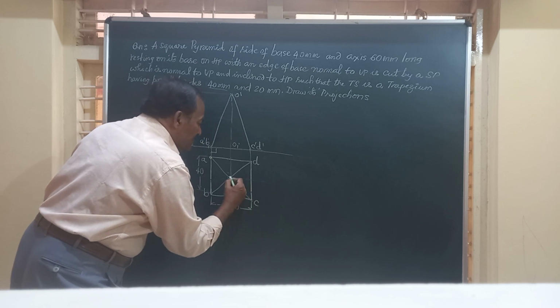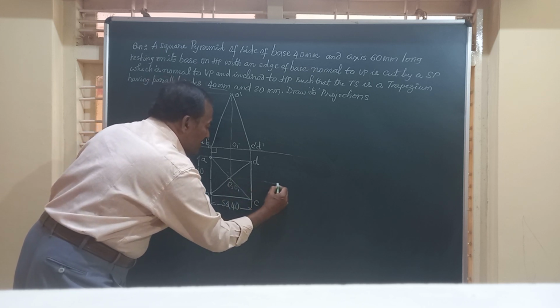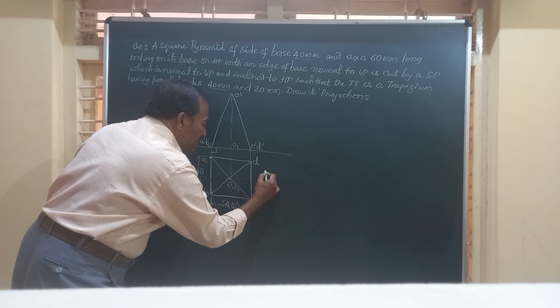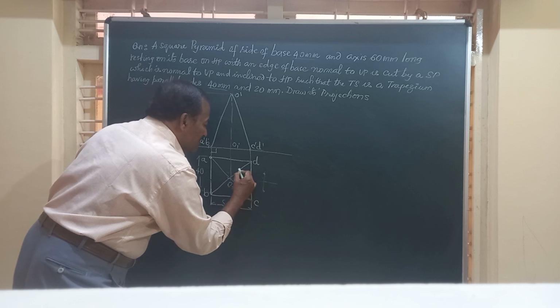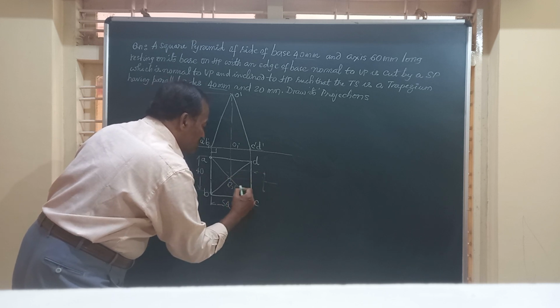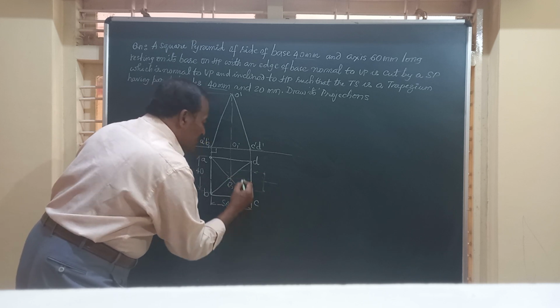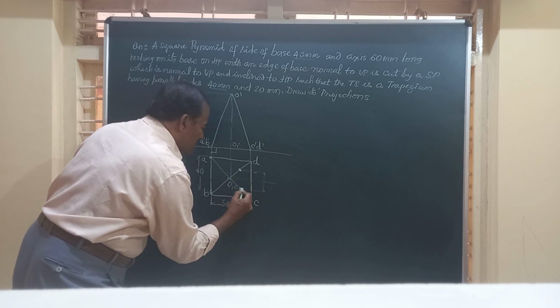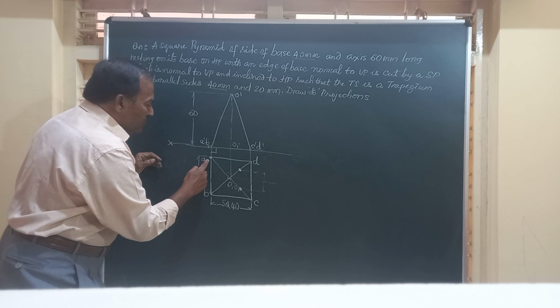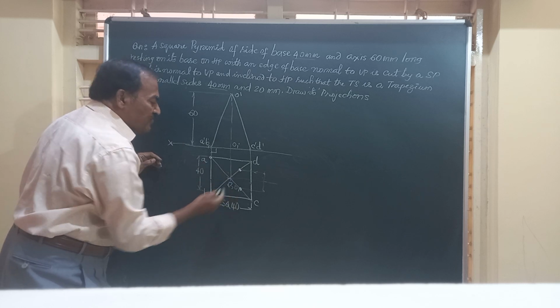Friends, you can just draw a horizontal line through the center. Mark anywhere on that a distance equal to 20 mm, that is 10 mm on both sides. Extend that to this line. So you are going to have a point here, another point here. So totally you are going to have 1, 2, 3 and 4.